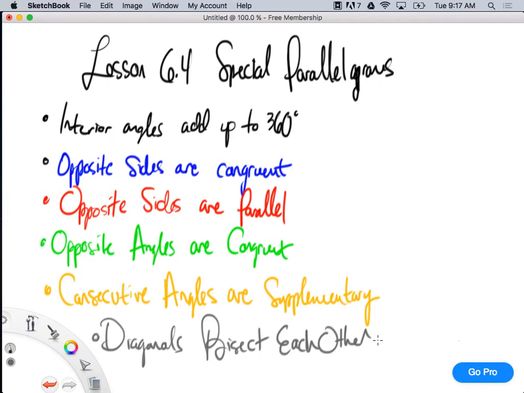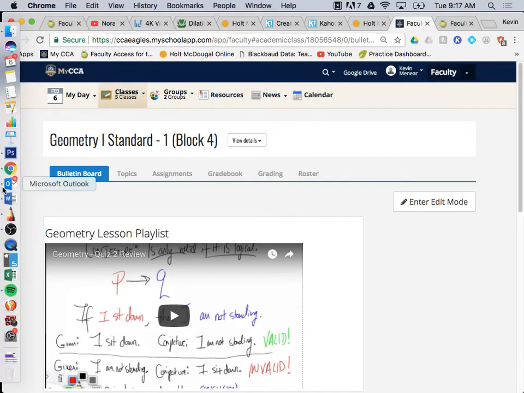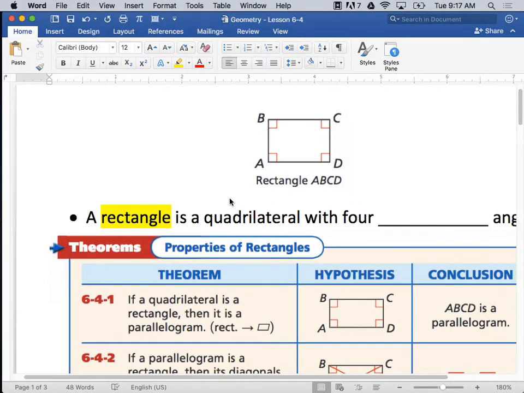Like if I give you special strawberries, they're great, they're special, but they're still strawberries, right? So these are special parallelograms that are still parallelograms, but there's something special about them. So let's figure out what's so special about these parallelograms.